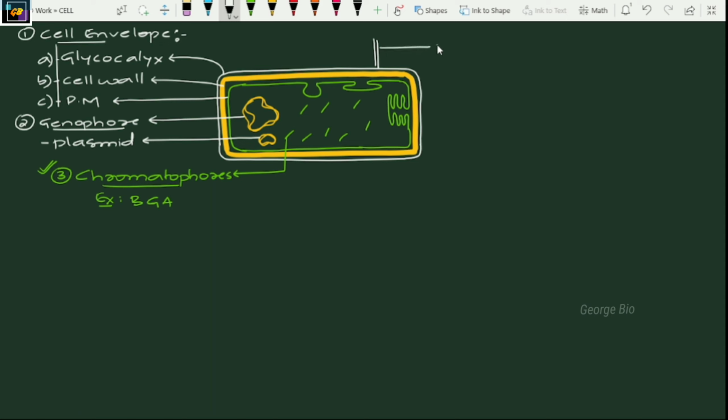If they are tubular, they are called pili. They can be hair-like, bristle-like extensions called fimbriae. Or else they can be thread-like extensions. These are flagella, which help in motility.